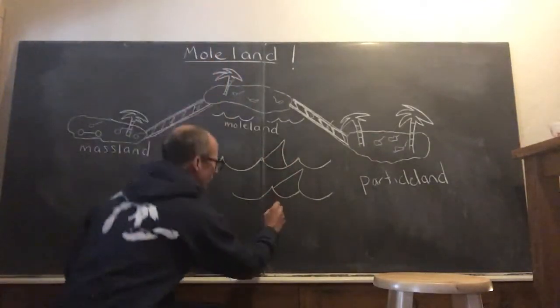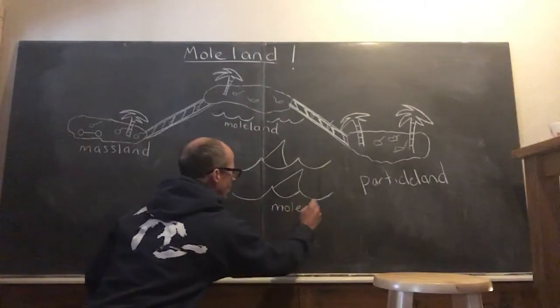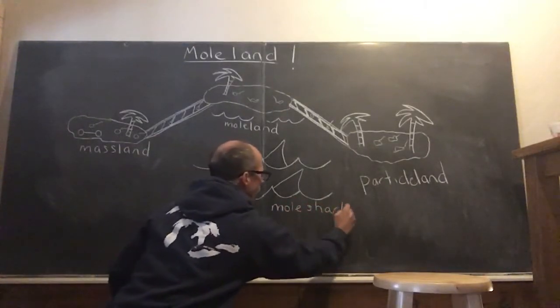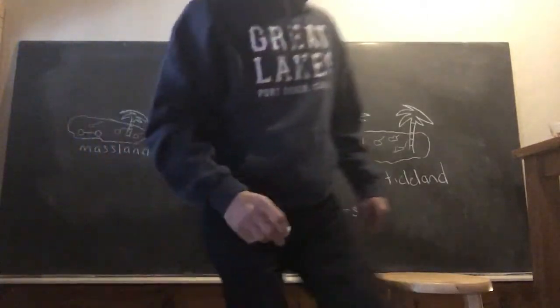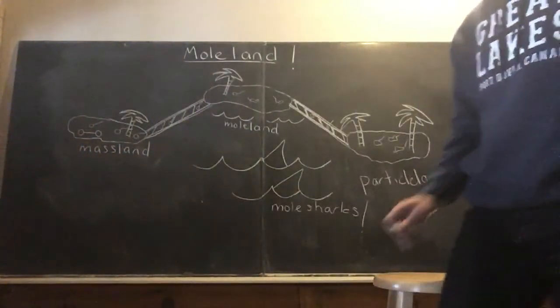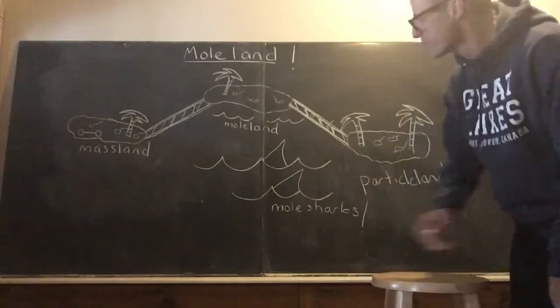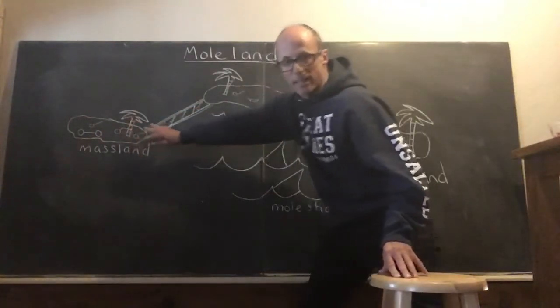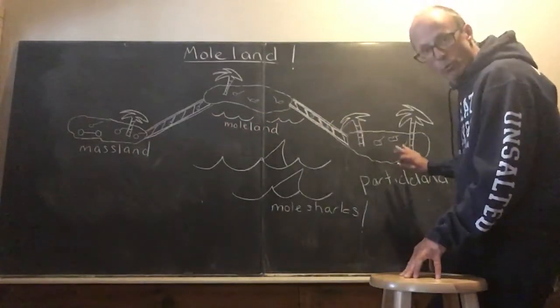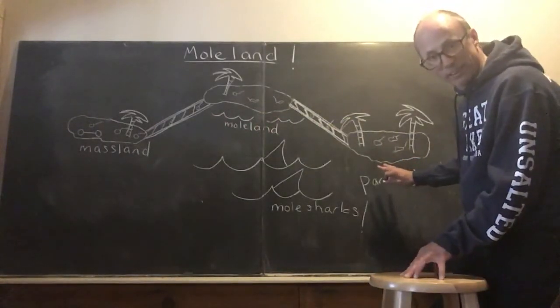And these, my friends, are called mole sharks. So when a mole goes into the ocean, the mole shark tends to gobble it up. So the moles know they can't go directly between those two islands, interestingly.